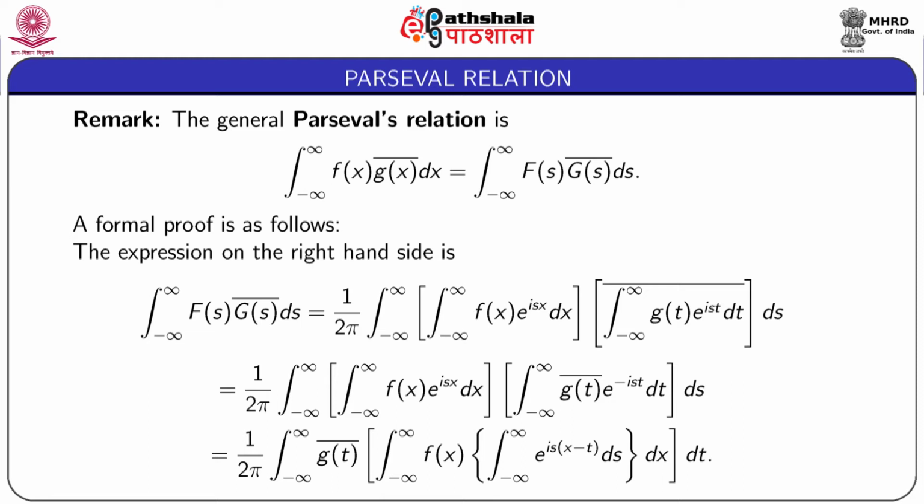To prove this, we consider the expression on the right hand side, that is integral minus infinity to plus infinity capital F(s) G bar(s) ds. This is equal to 1 by 2 pi integral minus infinity to plus infinity of, where capital F(s) is integral from minus infinity to plus infinity small f(x) e to the power isx dx, and capital G(s) bar is the bar of integral from minus infinity to plus infinity g(t) e to the power ist dt, ds.